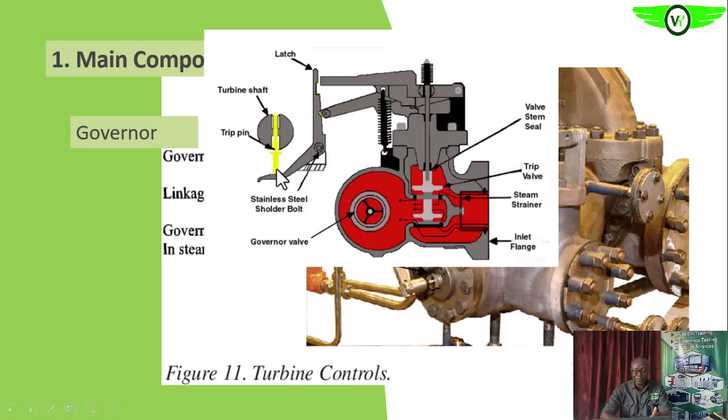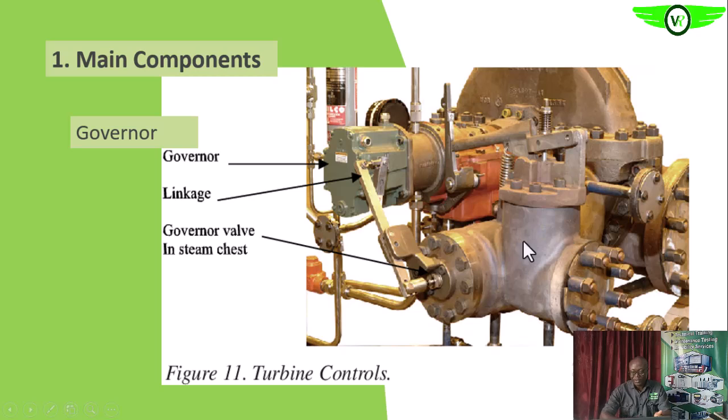That trip pin will now push on this lever, and that will shift this latch back and free this lever, and then release the stop valve, which is this stop valve now. This is the latch. The trip pin will push on this. Are you getting it?